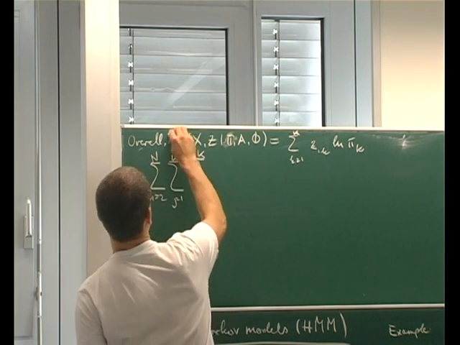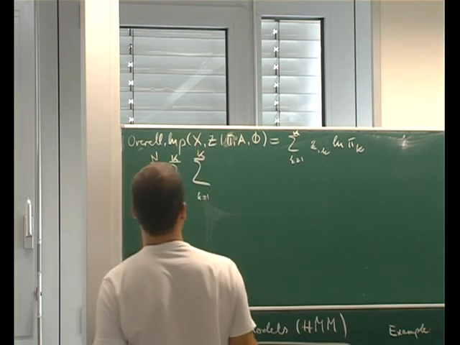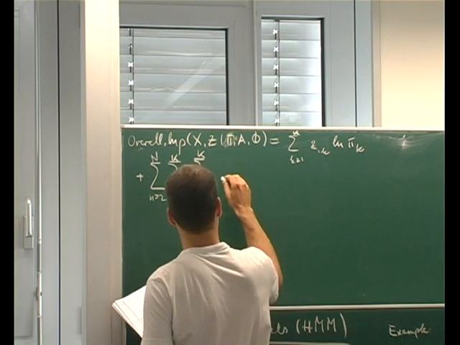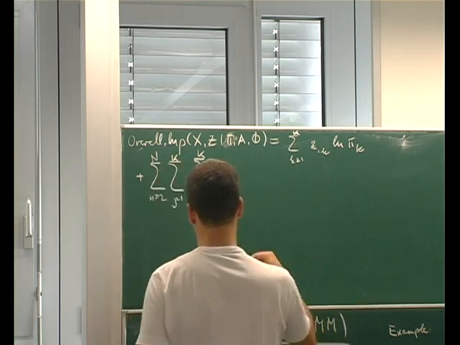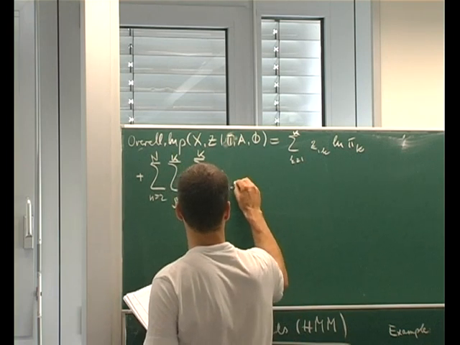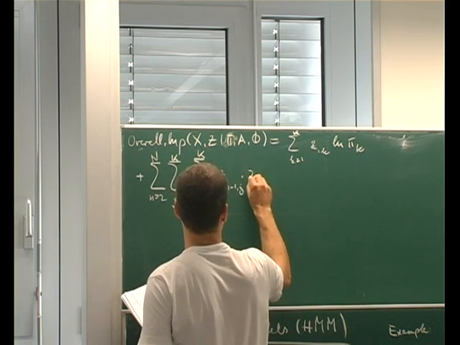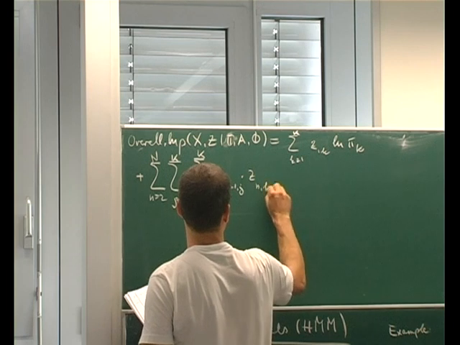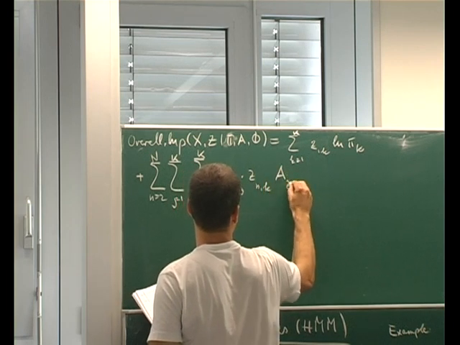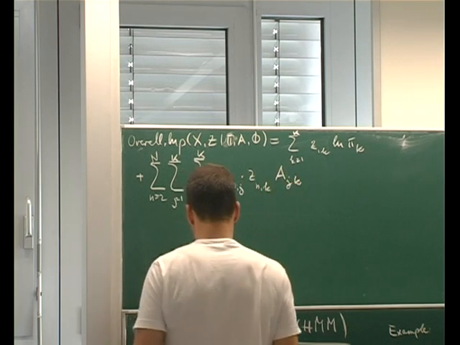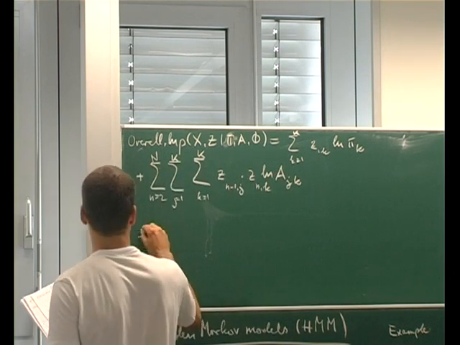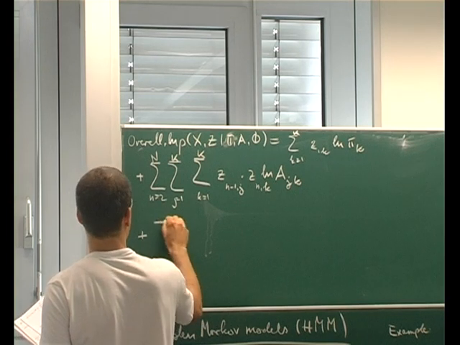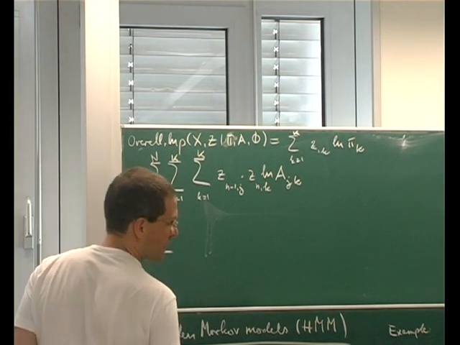Sorry, there's an ln missing here. I've taken the natural logarithm of this probability. And because I'm taking the ln, I can take the exponents down as multipliers, and write these products as sums.